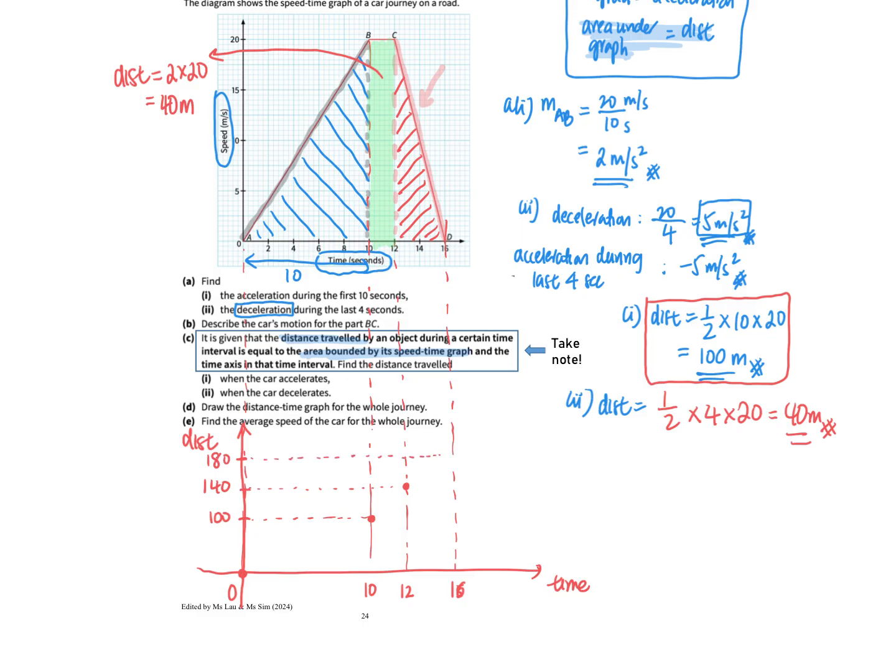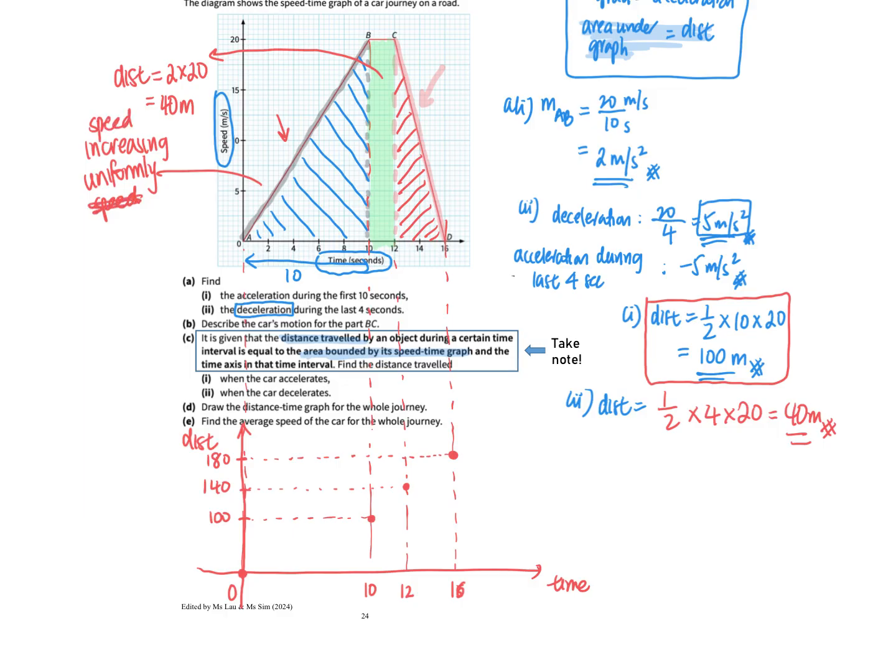Okay, now is the drawing part. So you know the respective points that they started off with. So you need to relate to how the car was moving. So here, you see that there is a constant acceleration, and the speed was increasing uniformly at this point in time. Or rather, speed is increasing uniformly.